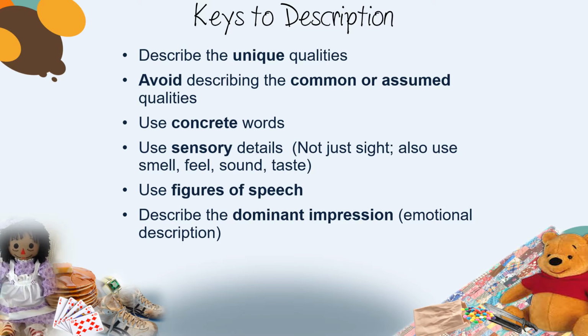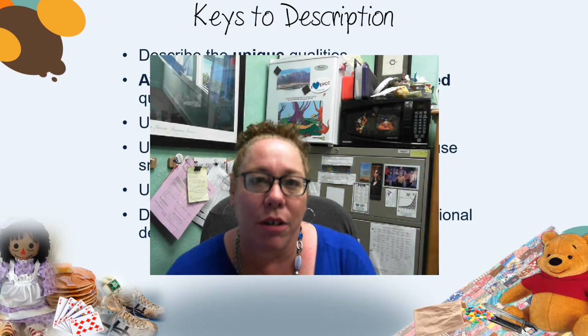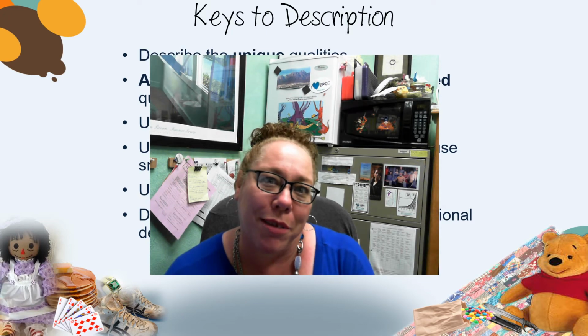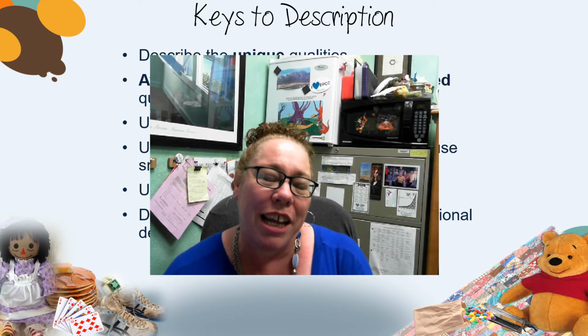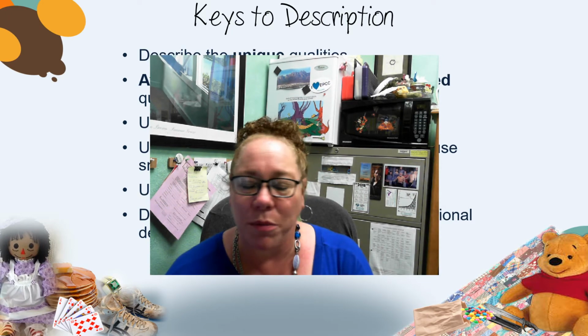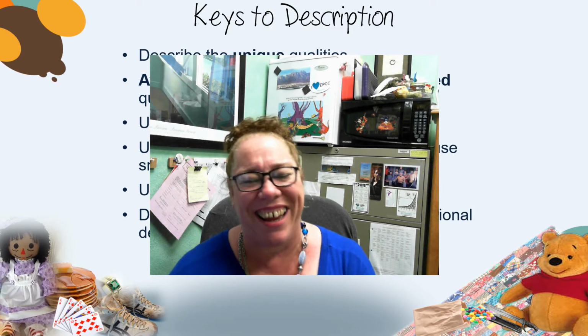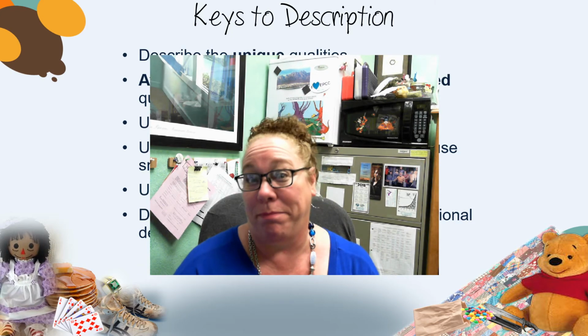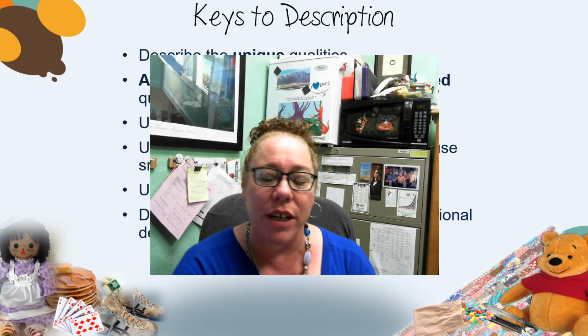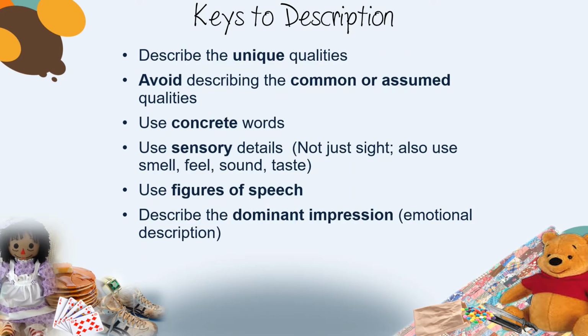Not just it looks like this, but what does it feel like? Is it soft? Is it rough? Is there a smell, a sound, a feel, a taste? Now, you don't need to go licking all your objects, right? Depends on what you're writing about. If you're writing about your old soccer shoes, you don't need to go lick them, okay? You might smell them, right? But be concrete and use those different kinds of feelings.